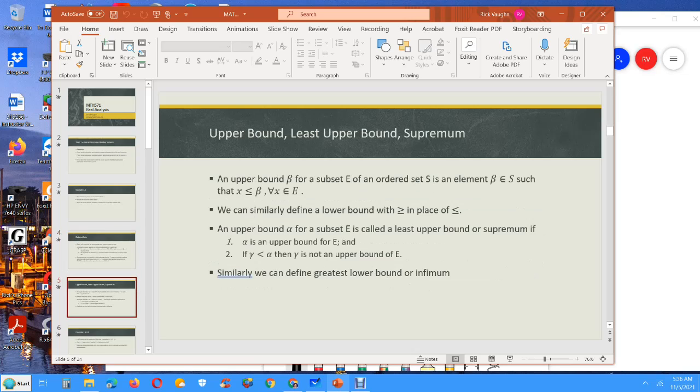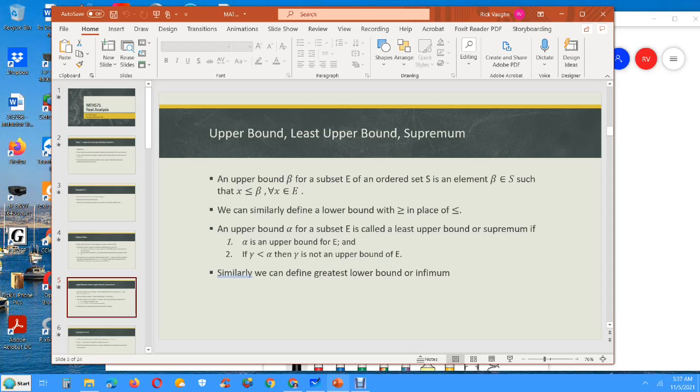Now, one of the fundamental building blocks for doing all of analysis is this idea of least upper bound, supremum, and correspondingly greatest lower bound, infimum. An upper bound is an element such that, for whatever ordering relation you have, all the other elements of the set are less than or equal to that number.